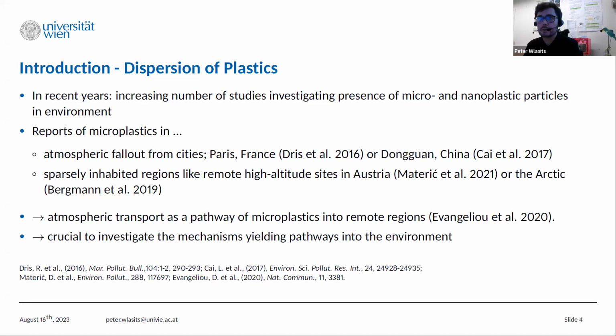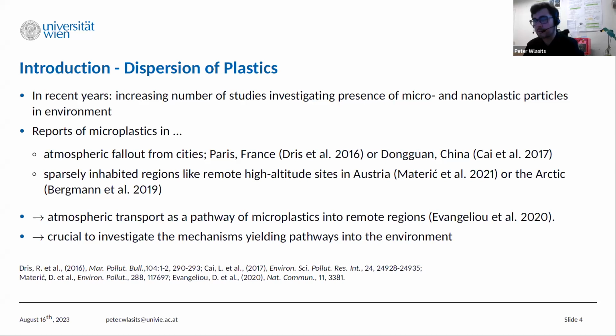Most interestingly, or shockingly, these particles have also been found in sparsely inhabited regions far away from any civilization, such as a remote high altitude site in Austria, or the Arctic. All of that suggests that there are transport processes we need to take into account, specifically atmospheric transport as a pathway of these particles into remote regions.